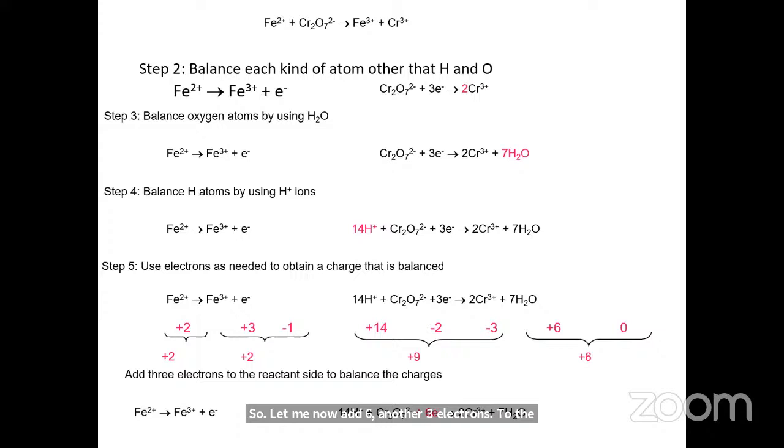When we add up all of these, we have 14 + 2 - 6, which gives us 6. And then on the other side, 6 + 0 gives us 6. So the charge is now balanced.